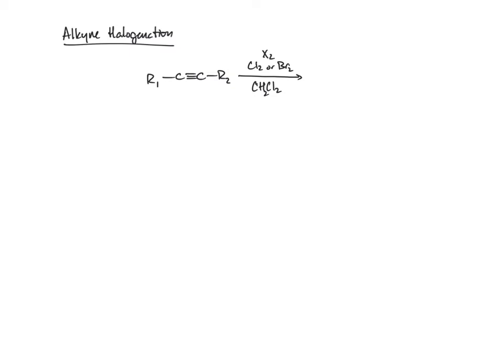Again, that's a polar aprotic solvent. So it's there as the solvent to dissolve the starting materials and the reagents. So basically, we're going to add the halogen across the pi bond, and you can actually end up with a mixture of the cis and the trans.